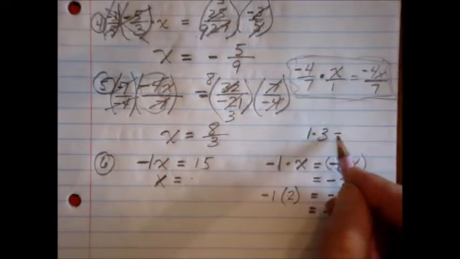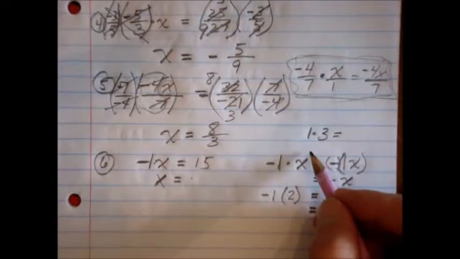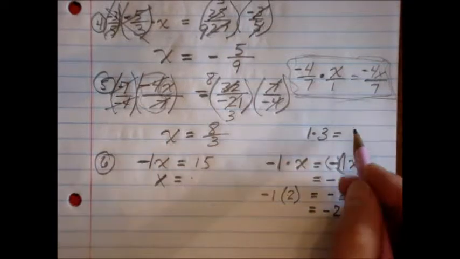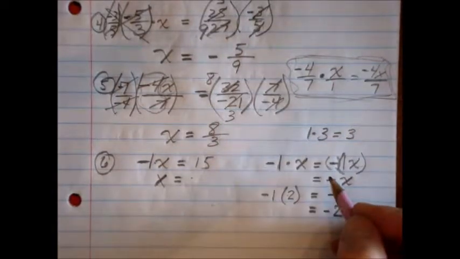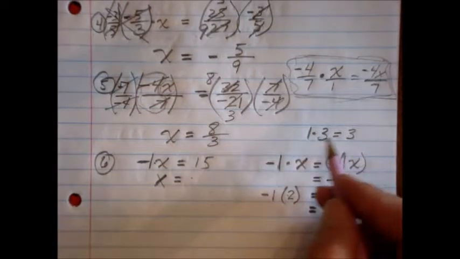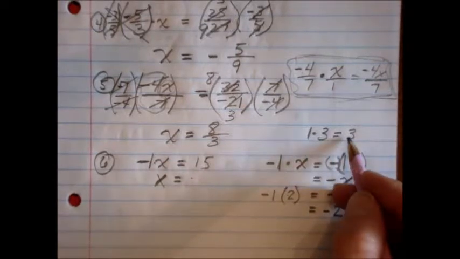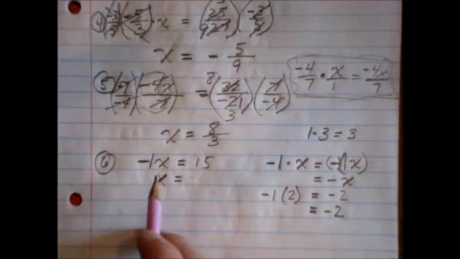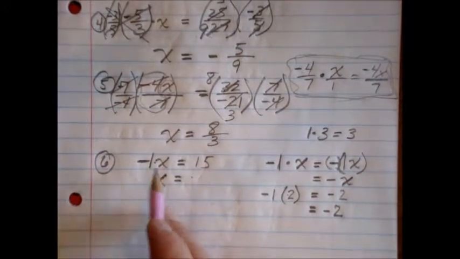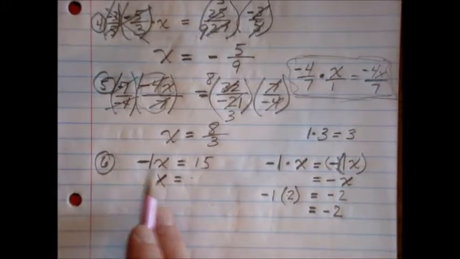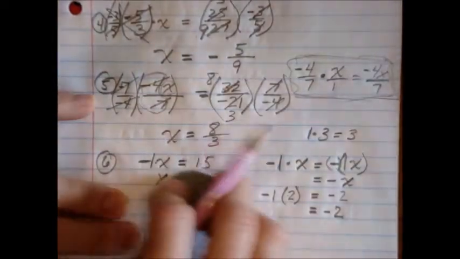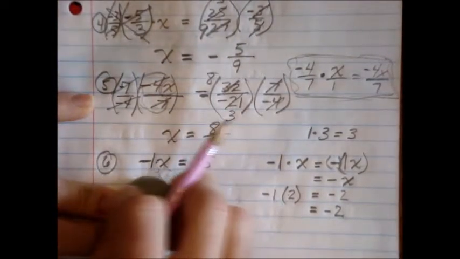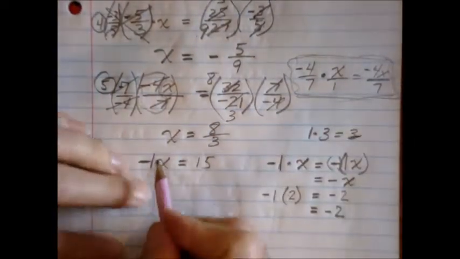We would never leave an answer like that. We'd say, well, the answer is 1 times 3. Don't you just mean 3? Oh, yeah, of course. But you can always put a 1 by multiplication in front of anything. So that's all you're dealing with. There's a 1 out in front, a negative 1. That's it, only it's a negative.